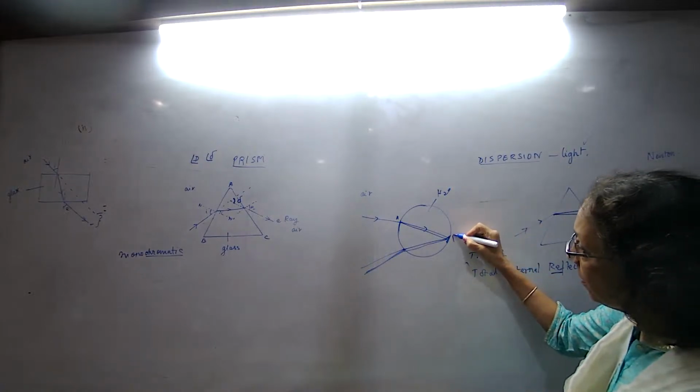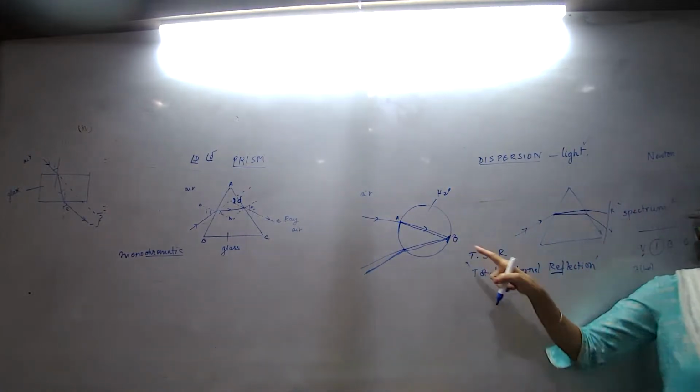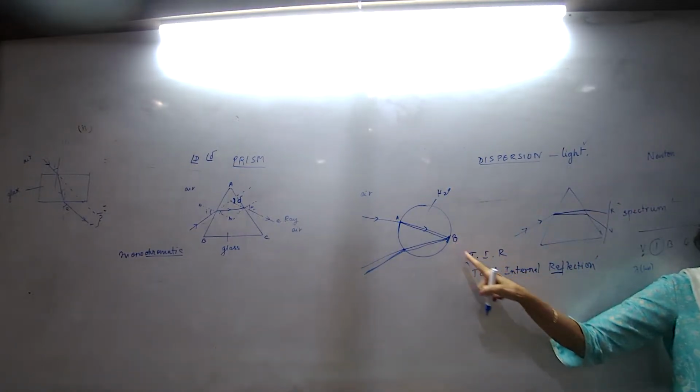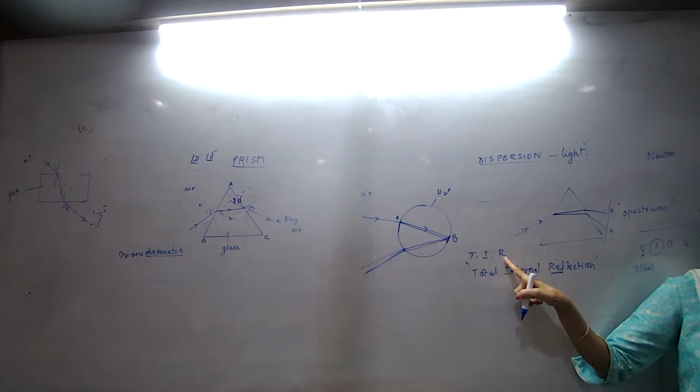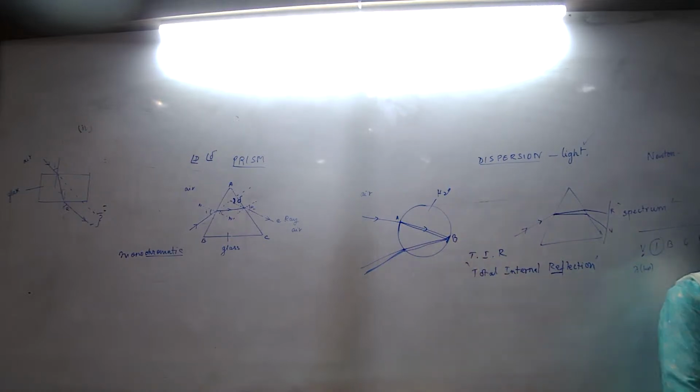Now we have come to point B. What is happening at B? With reference to the diagram, at point B total internal reflection is taking place.